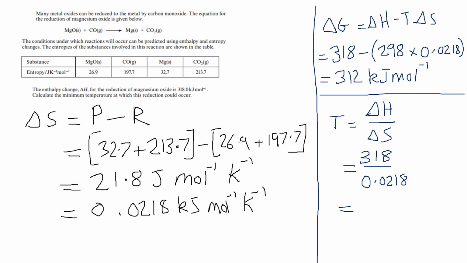And that comes out as a very high temperature, 14,587 Kelvin. So to reduce magnesium oxide using carbon monoxide requires very high temperatures, which normally would happen in like a blast furnace. But in other words, it's not going to happen at room temperature.